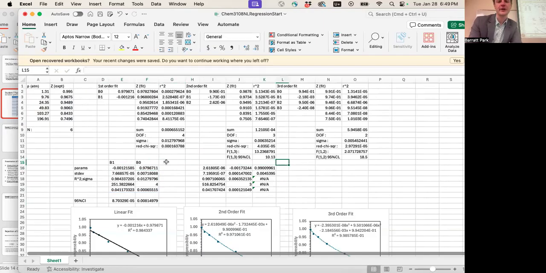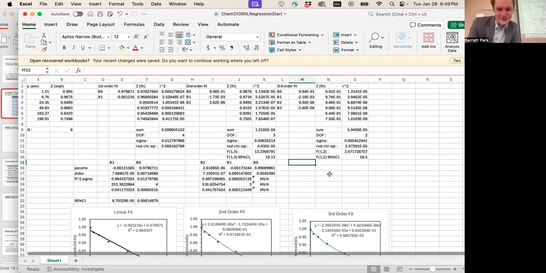And then over here, it looks like this one is B0. This second one corresponds to B1. And this one on the left corresponds to B2. So it actually puts the parameters in the same order as they appear in this equation, not necessarily in the same order as what we had in our lab manual.